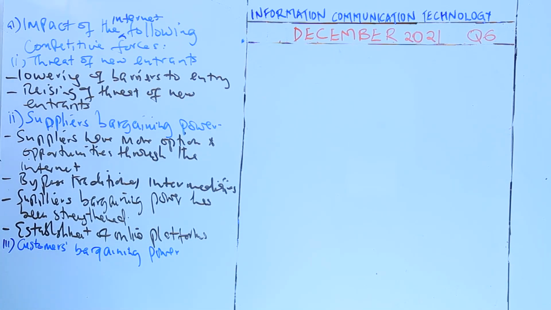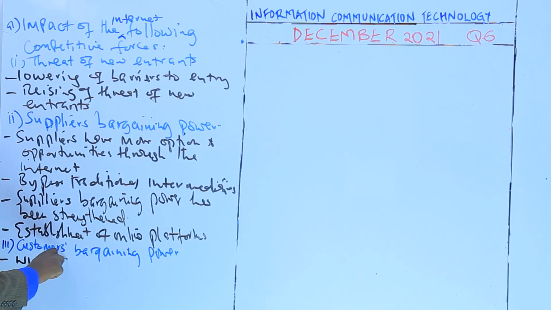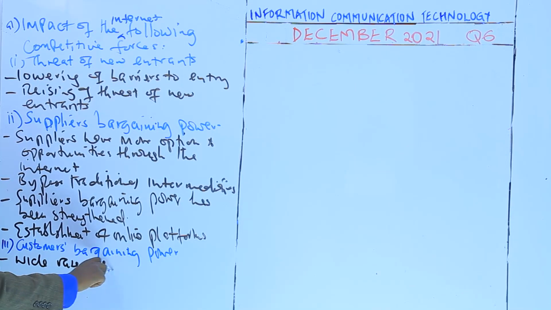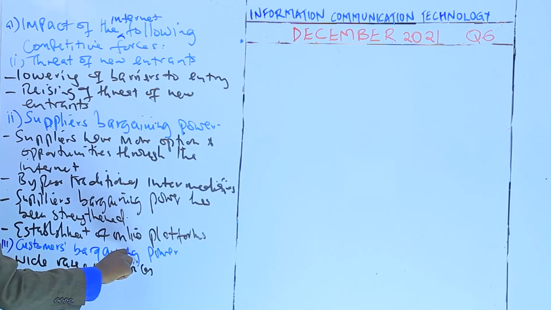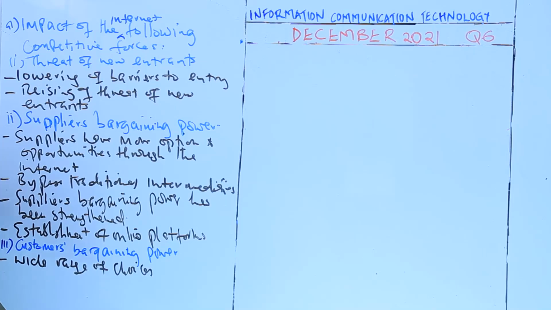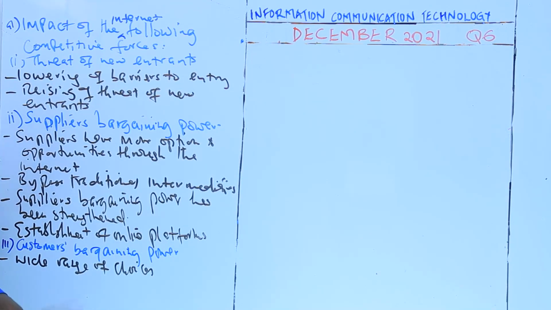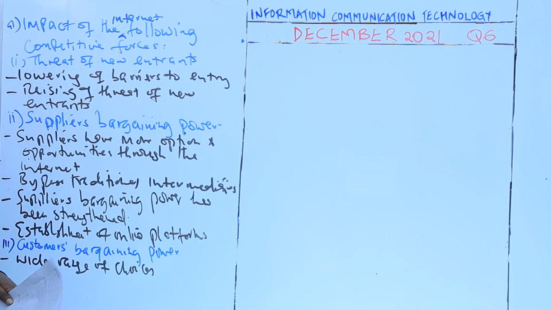Now, the internet has empowered customers with greater access to information and a wide range of choices, because customers can access many suppliers online through the internet. Customers now, because of the internet, have a wide range of choices.